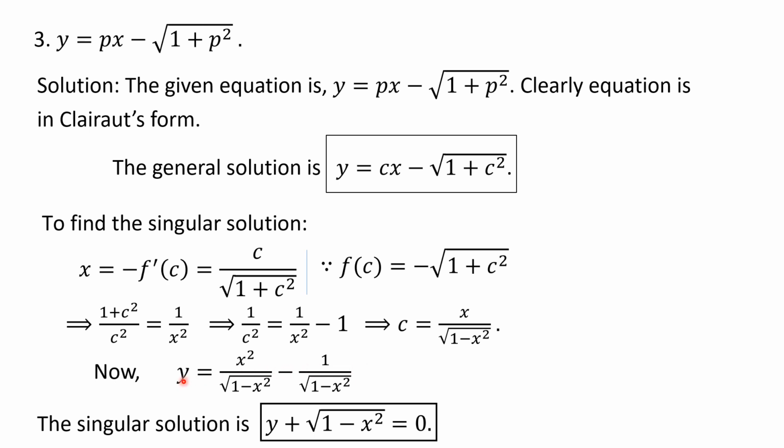So y is equal to minus of root 1 minus x square, or y plus root 1 minus x square equal to 0. So just further simplify, we will get this expression, correct. So this is the required singular solution.